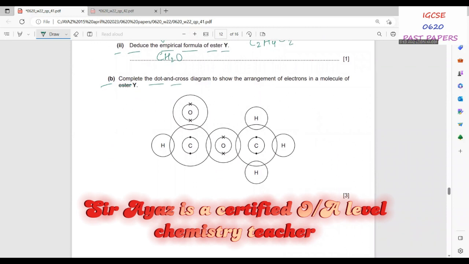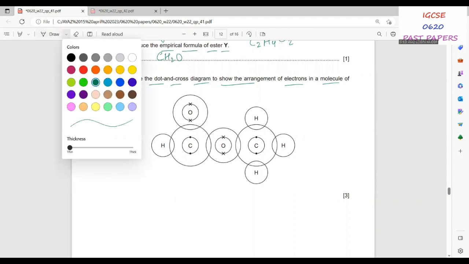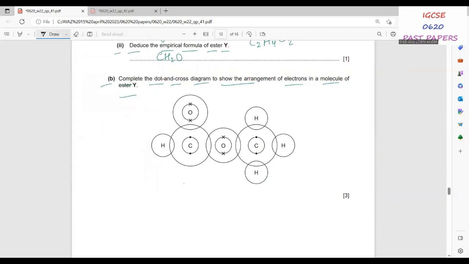B. Complete the dot and cross diagram to show the arrangement of electrons in a molecule of ester Y. So we have dots for carbon. For left hand side, we have 1, 2, 3, 4.